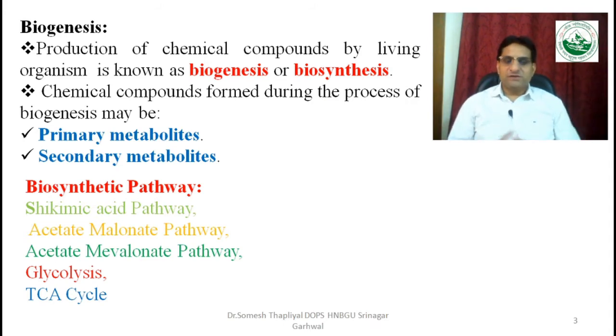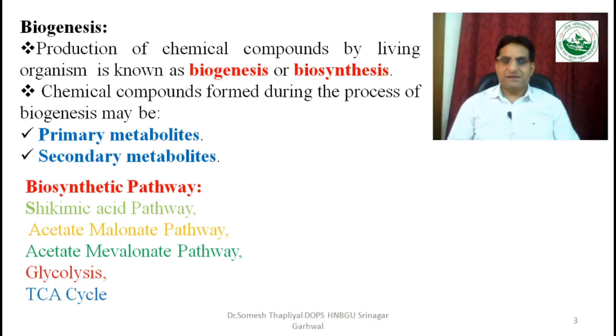And glycolysis is the breakdown of glucose molecules, which are converted into pyruvic acid, and from pyruvic acid we can obtain acetyl coenzyme A, which is used in various biosynthetic pathways to form secondary metabolites.